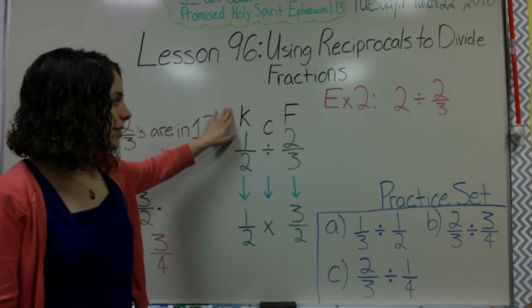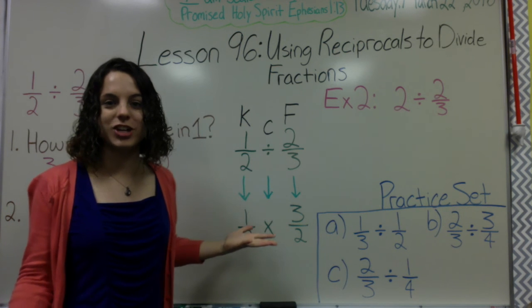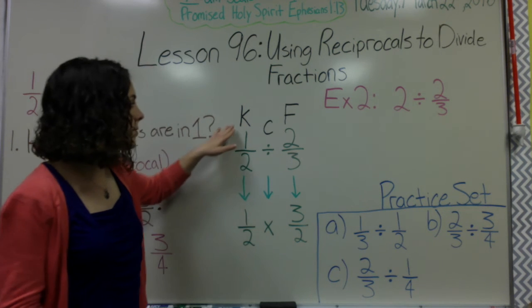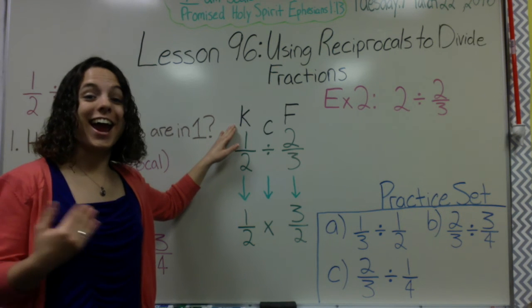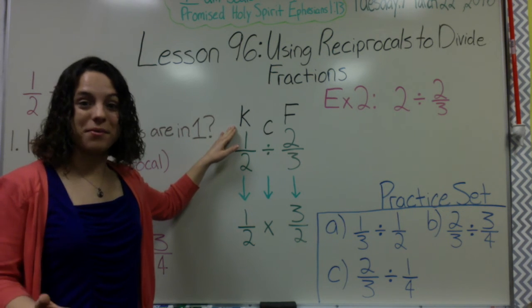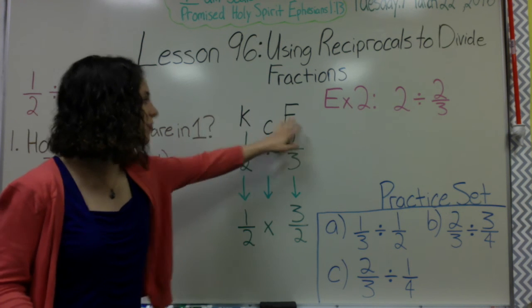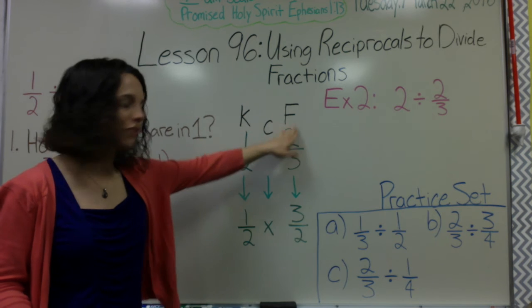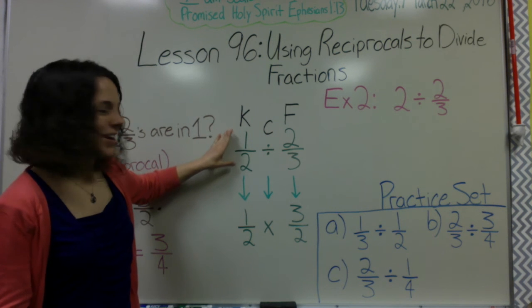Now you can remember this as KFC, because KFC is easy to remember, Kentucky Fried Chicken. Or you can just remember keep, flip, change, or keep, change, flip. It goes keep, change, flip, and it has more to it. We will watch that song in class, and it'll get stuck in your head so that we remember it.